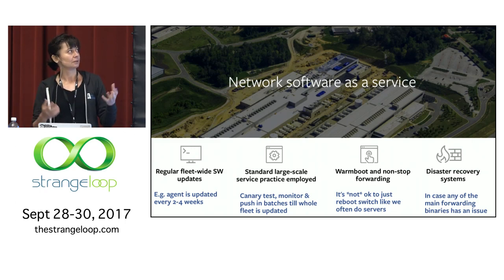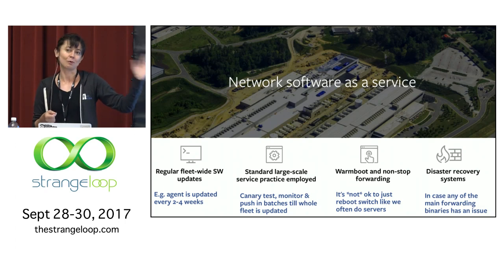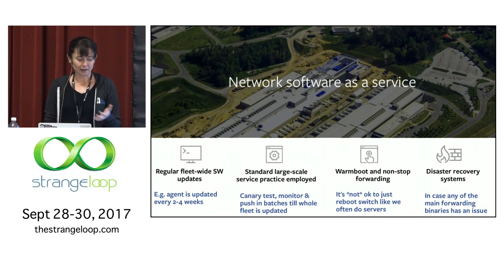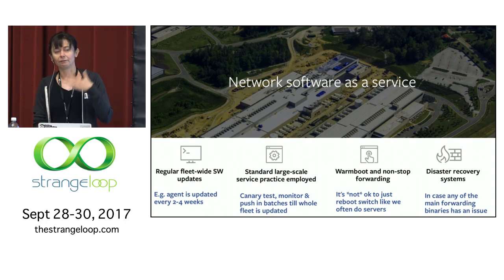But these are maybe the most interesting things to me: we are now operating network very similarly to how we operate services. It's very common for large-scale services to be upgraded frequently, and that's what we do with our agent and BGP.